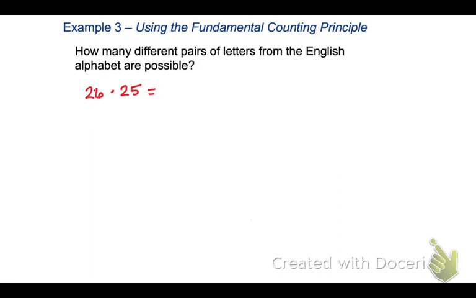So how many different pairs are there? 650. What's the 25 come from? Because I picked one letter. Because it says different, so that means it can't be with replacement. If I just asked you how many pairs without saying different, could I just take 26 squared?